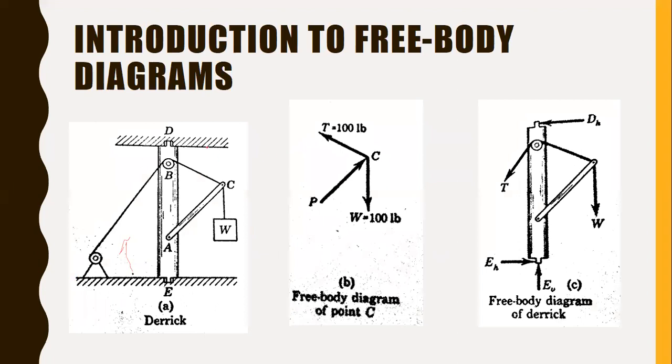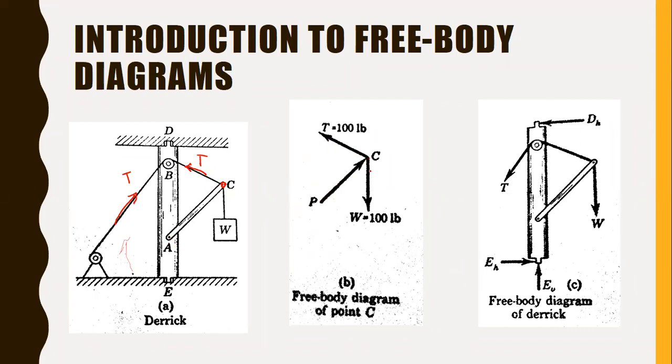Then we have the introduction to the free body diagram. The given example is this one. If this one is the given, for the reaction you have your tension here. Of course, the tension here is the same, but this one would be the direction. So we have the free body diagram at point C. At point C, the reaction would be for A, we have your P going to this point and your tension is this one.